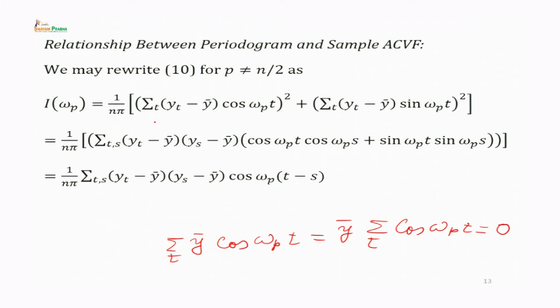And then we take the square of this, you get summation over t, s of (y t minus y bar)(y s minus y bar) times [cos omega p t cos omega p s plus sin omega p t sin omega p s].